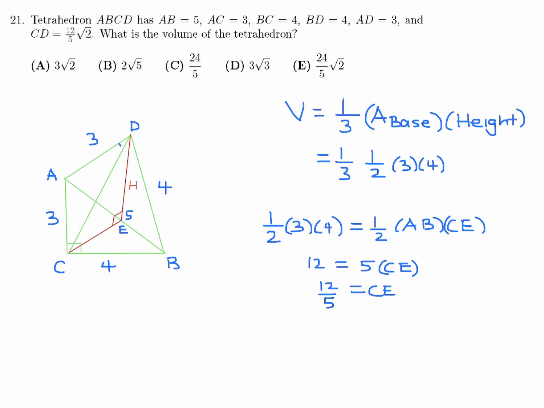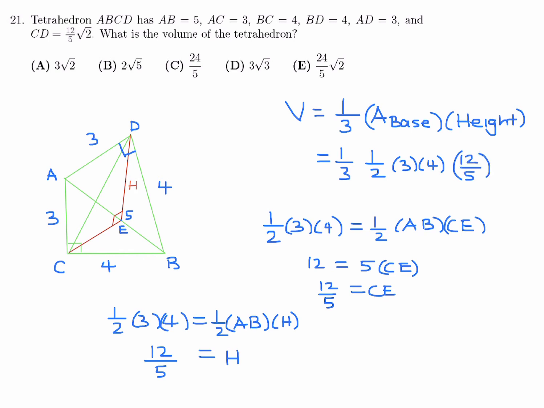So since this is a right angle right here, that's a 3, 4, 5 triangle, 1/2 base times height, which is 3 times 4, which would be the area of that triangle right there, is equivalent to 1/2 base AB times H. And this is going to be 12 over AB, and AB is 5. So H is 12 over 5. So now I can go back and put that 12 over 5 right here and calculate the volume.